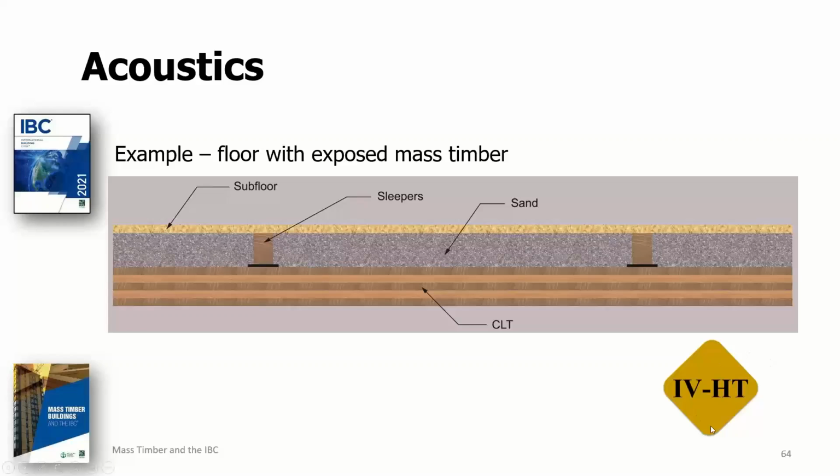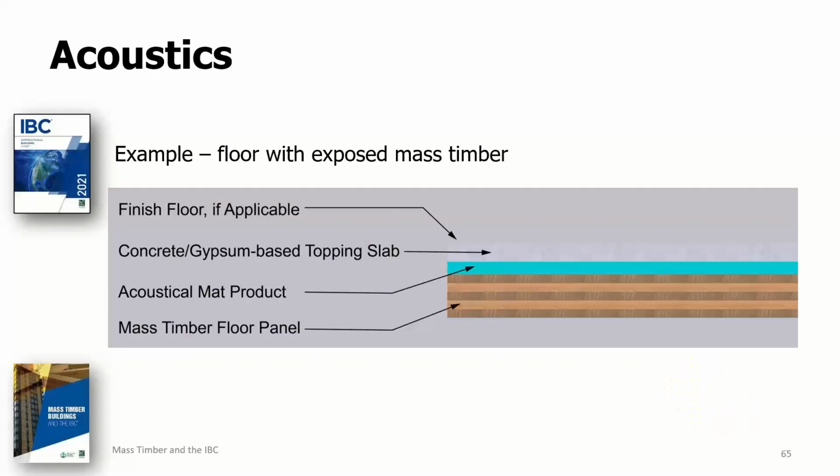That's to acknowledge that some of these would not be permissible in Type 4A, 4B, or 4C because in certain cases, you'll see that there are concealed spaces in which there are combustible surfaces. They could be made to be compliant with Type 4A, B, or C if a non-combustible protection were applied to the combustible surfaces.